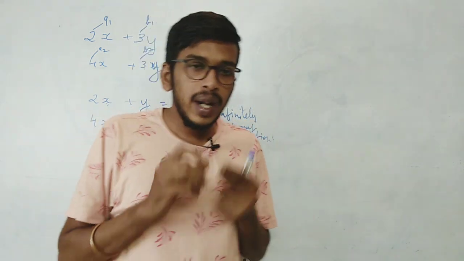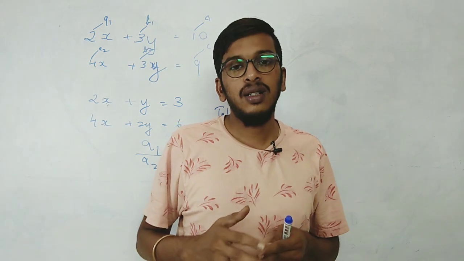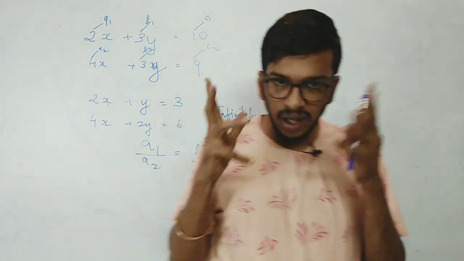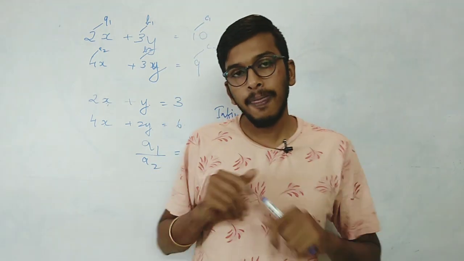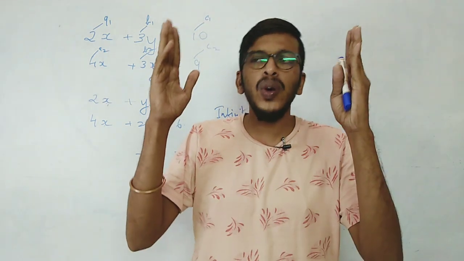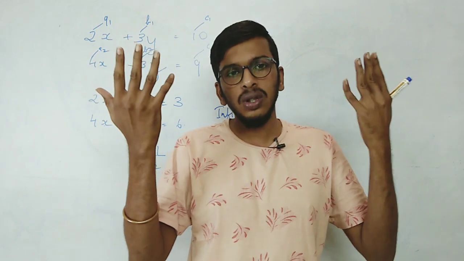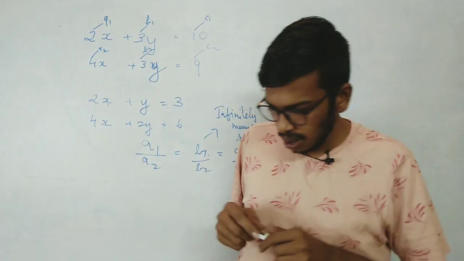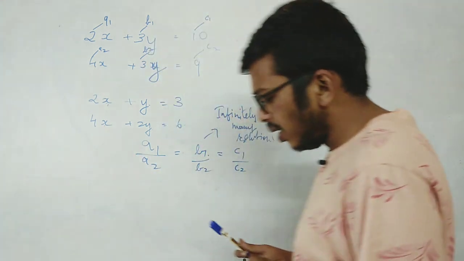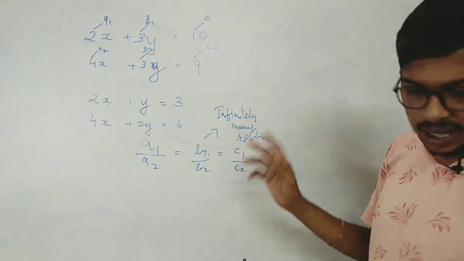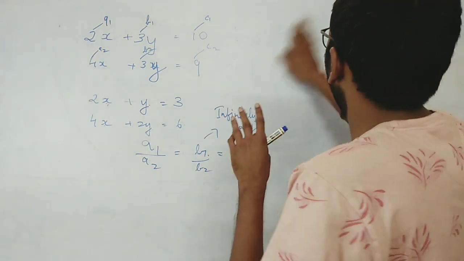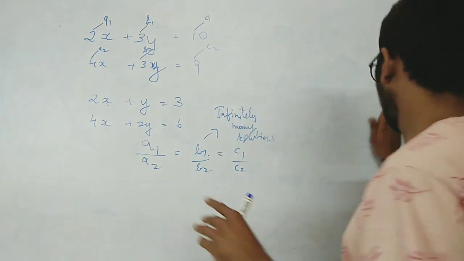When will two lines not intersect? Two lines will not intersect when they are parallel. However far both these lines go, they are not going to intersect at all. That is the case here. How do we find whether this pair of linear equations is a pair of parallel lines or intersecting lines?